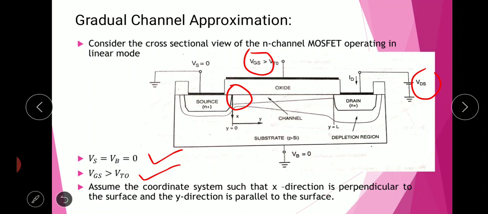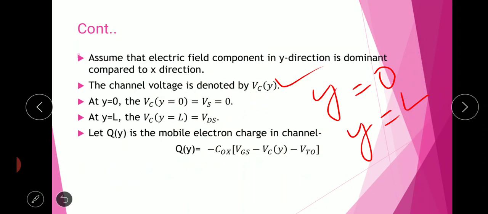We know that from the beginning we connect the source terminal to the ground. Because of that the source voltage is equal to 0. So when y equals 0, the channel voltage is equal to 0.